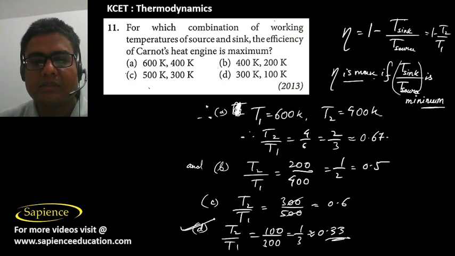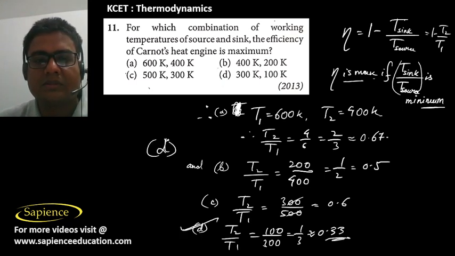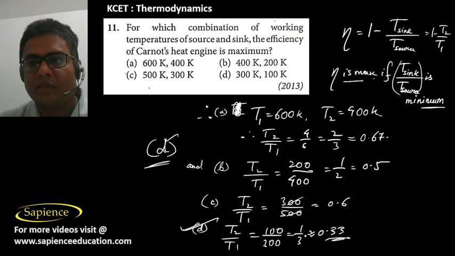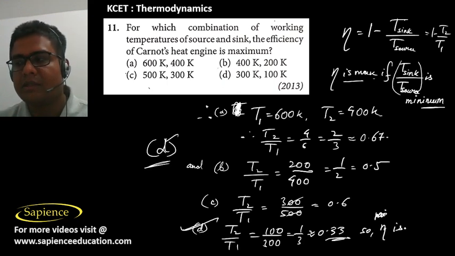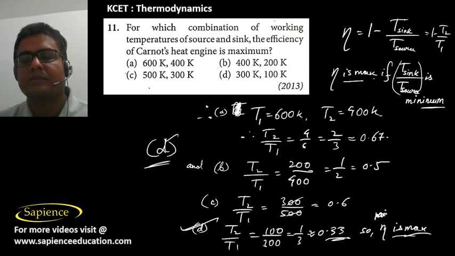So option D is the correct answer. Since here the ratio of temperatures of sink and source is minimum, the efficiency eta is maximum here.